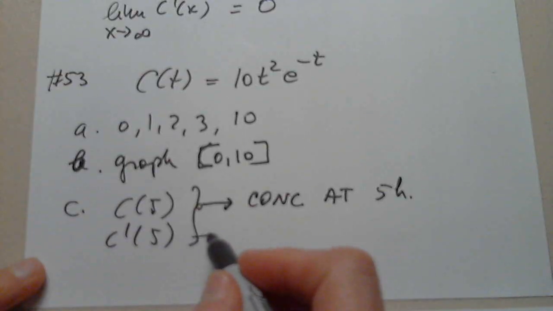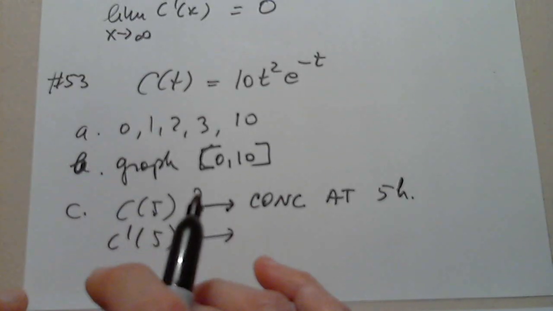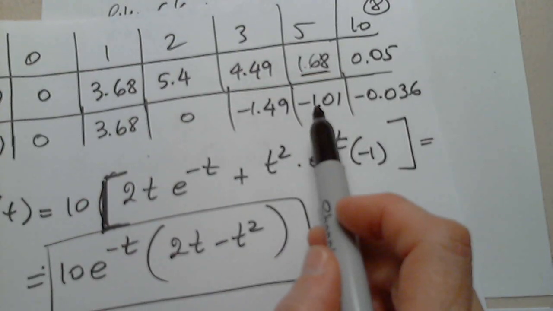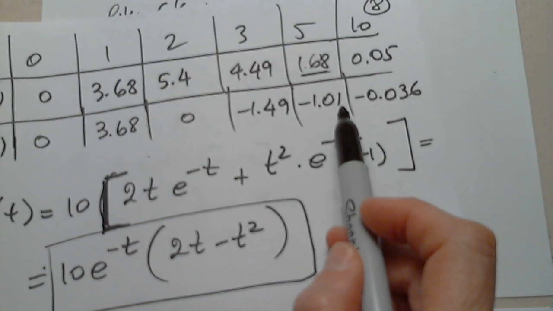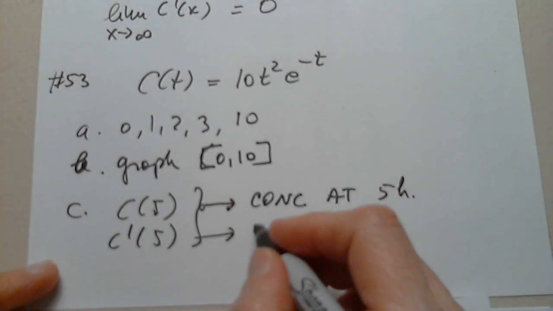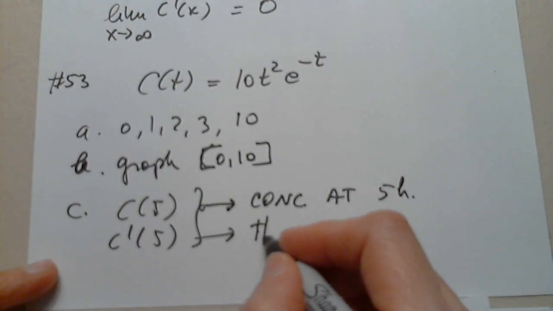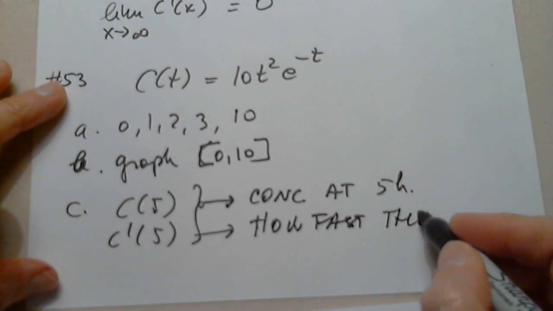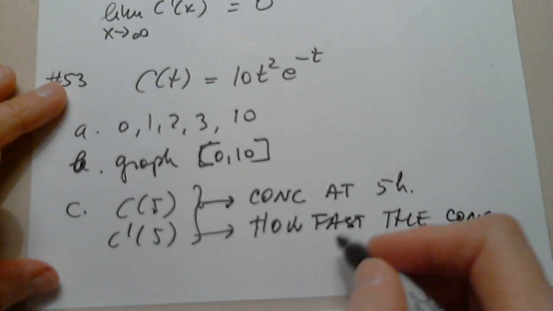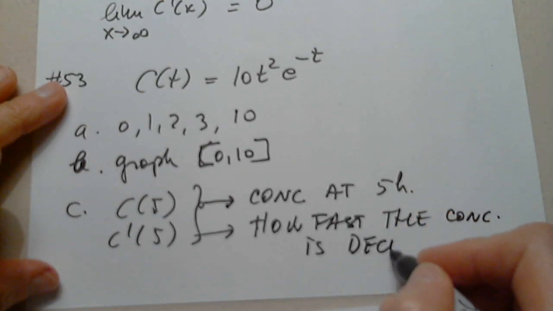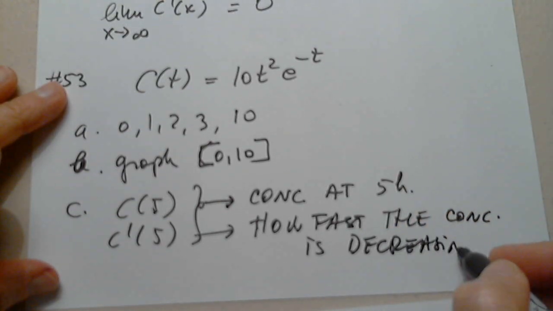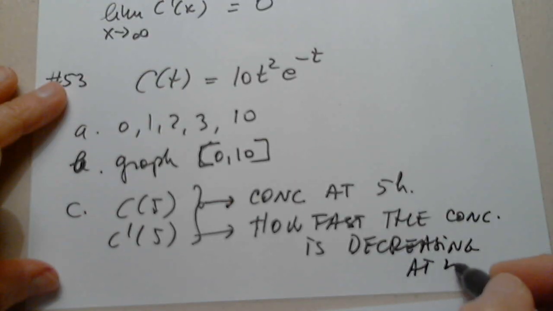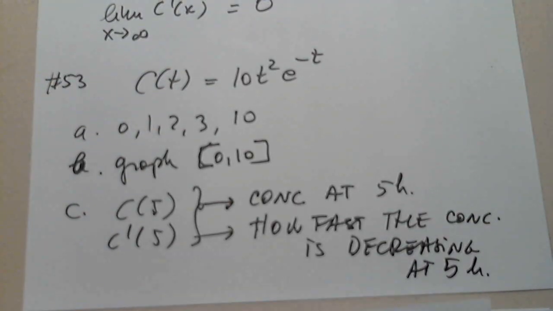Now, what does C prime of 5 mean? C prime of 5 is negative 1.01. This is how fast the concentration is decreasing at 5 hours.